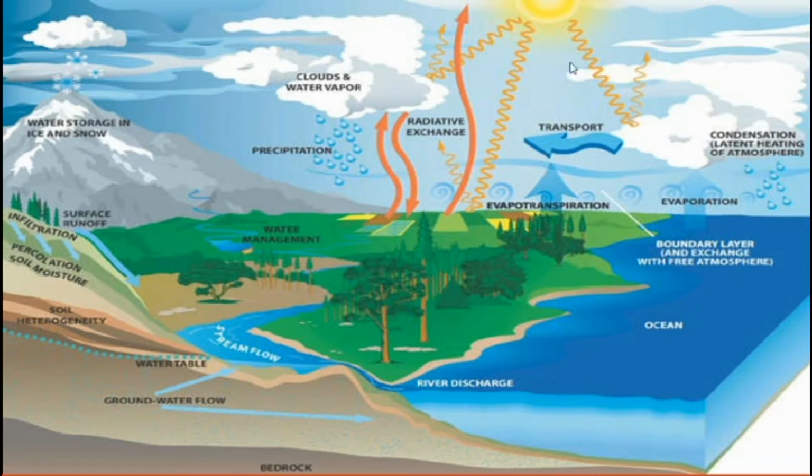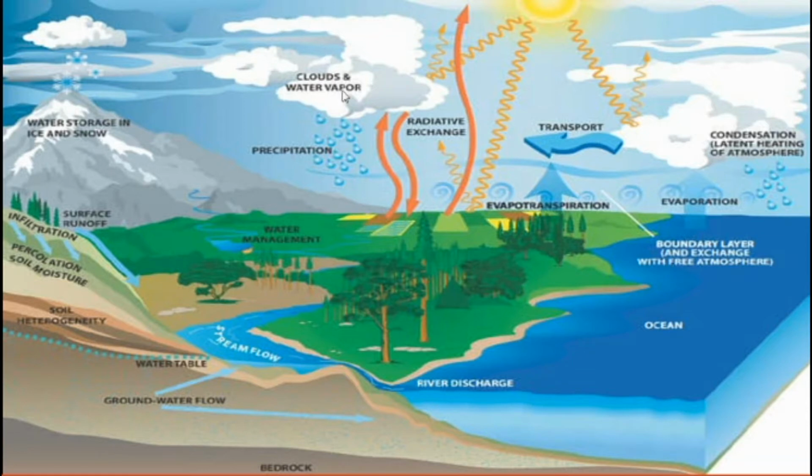Then there are some trees here which absorb the water, so evapotranspiration occurs here. It becomes cloudy.